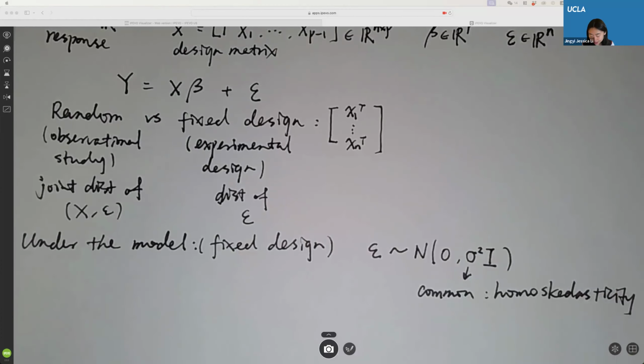So when you condition on X, you're basically under the fixed design. That's why the variance of beta hat given X is what we just derived, sigma squared X transpose X inverse.